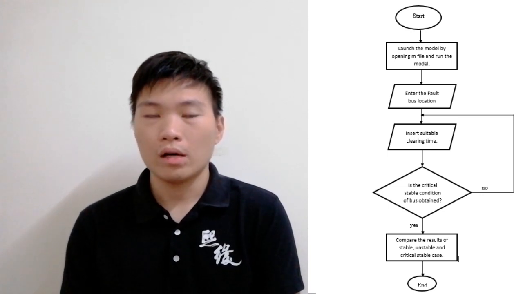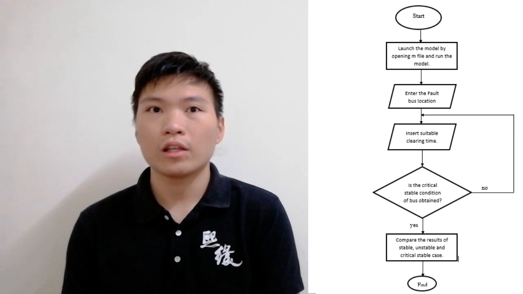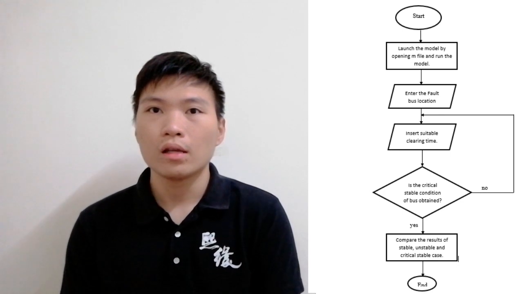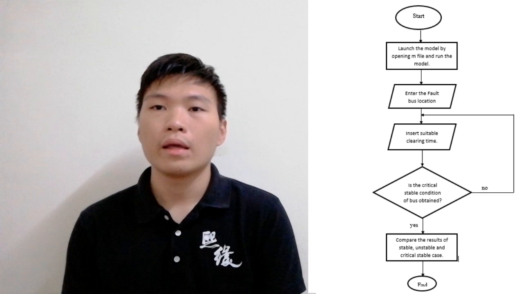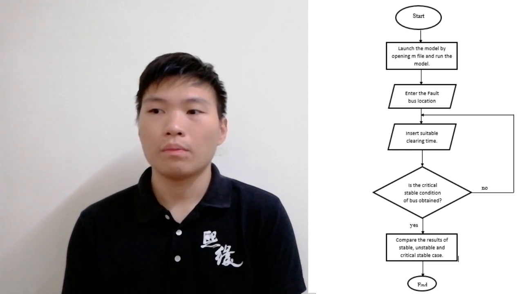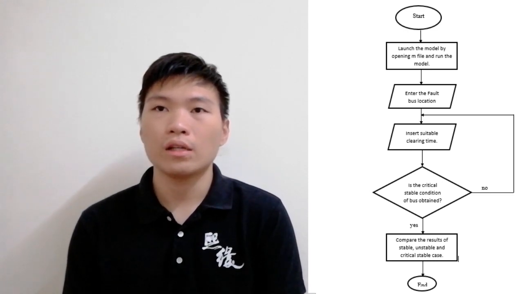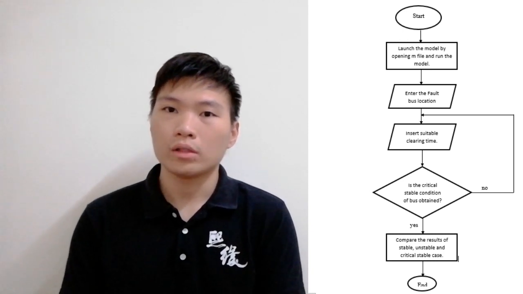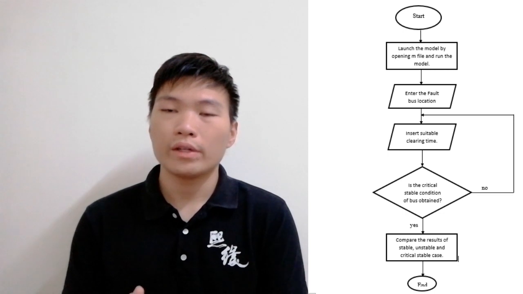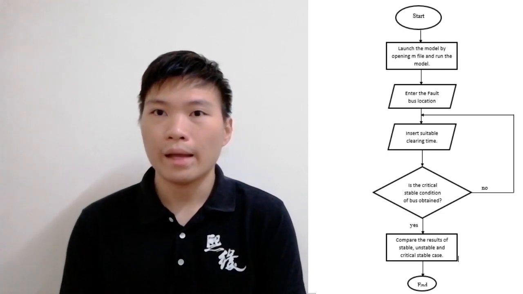If the result gives us a critical stable condition of the bus fault location, we can proceed to the next step, which is our conclusion. Else, if the bus fault location hasn't achieved the critical stable condition yet, we have to go back to our procedure to re-enter another suitable clearing time.